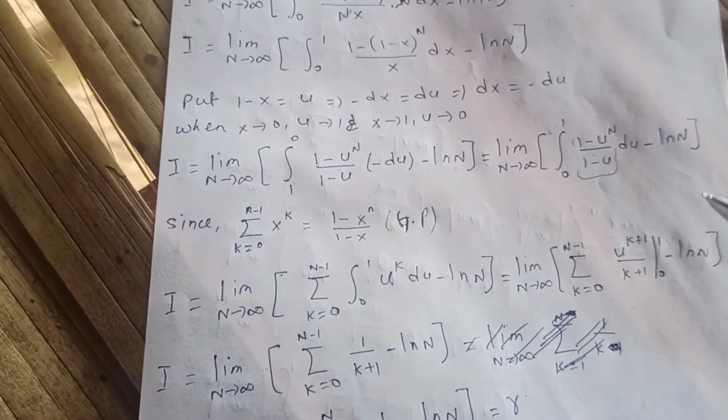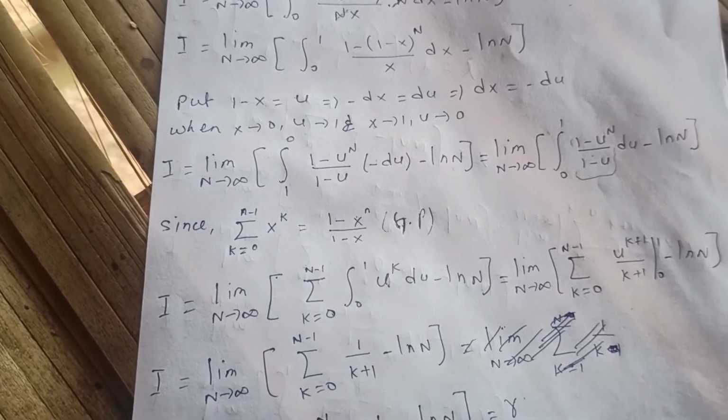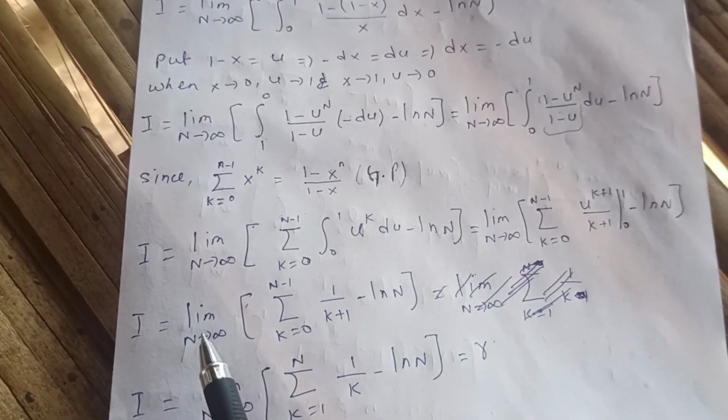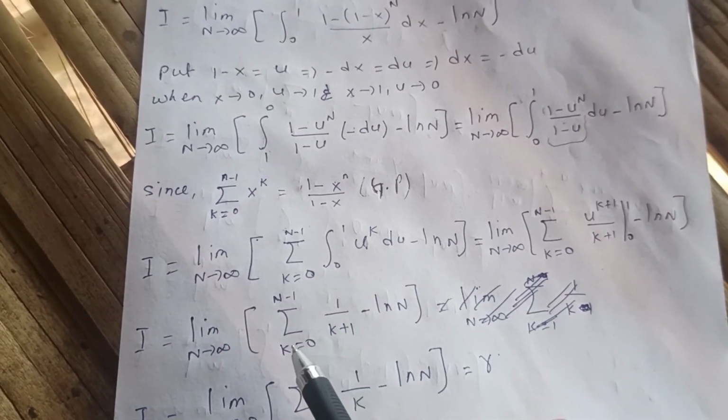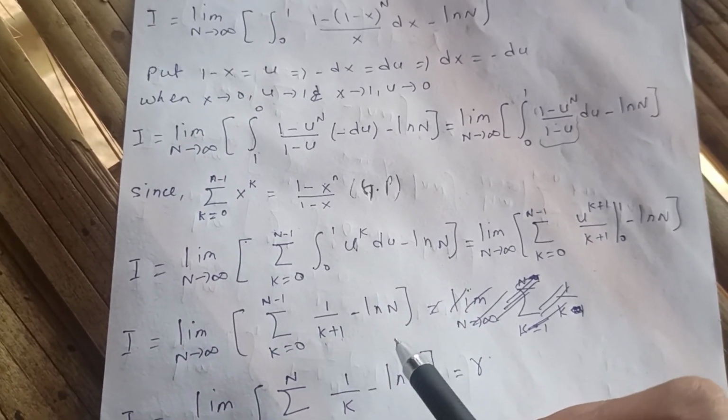Integration of u to the k is u to the k plus 1 upon k plus 1 from 0 to 1. So I is equal to the limit as n tends to infinity of the sum from k equal to 0 to n minus 1 of 1 upon k plus 1, minus log n.